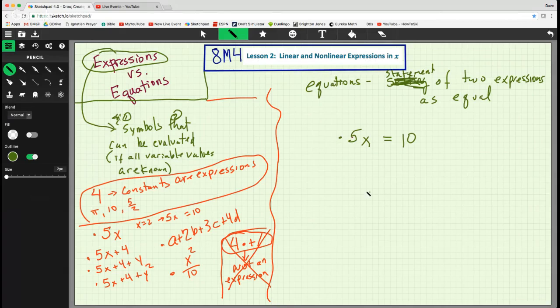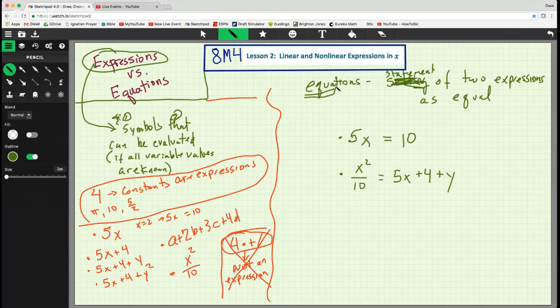I could say x squared over 10, that's an expression, equals another expression. Let's choose this one: equals 5x plus 4 plus y. So that's an equation. So these are equations. And what's the key to equations?